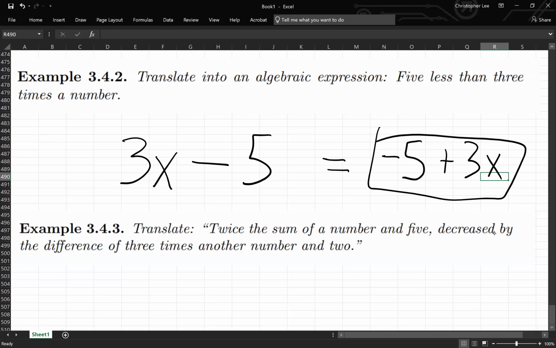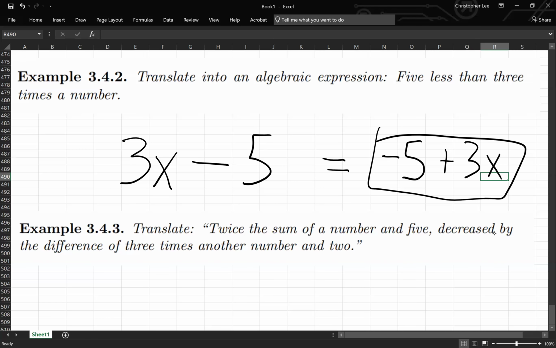Twice the sum, what is that? Five plus five.